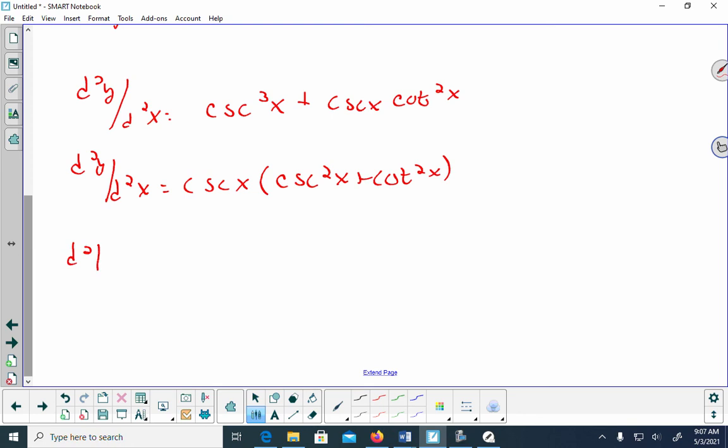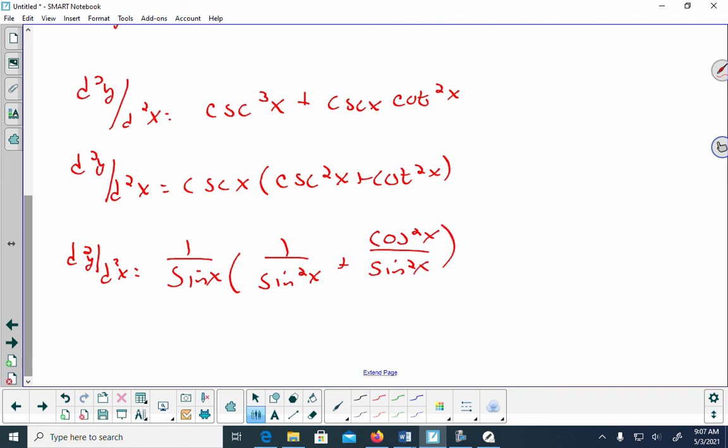And then I thought of this as 1 over sine of x, and I thought of this as 1 over sine squared x plus cosine squared x over sine squared x.